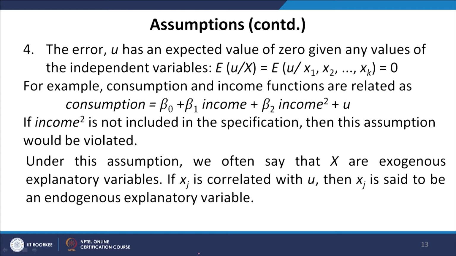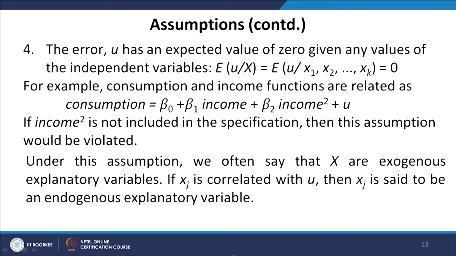If income square is not included in the specification, then this assumption would be violated. So, this assumption states that u is not only independent of the observation x, but also independent of any functional form of x. This has been repeated earlier.